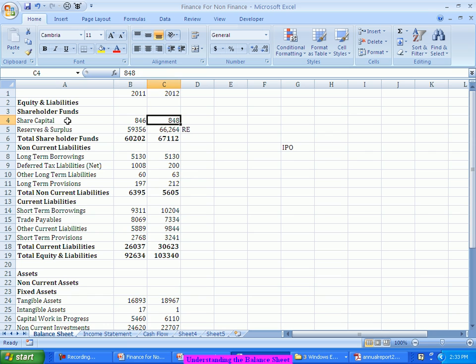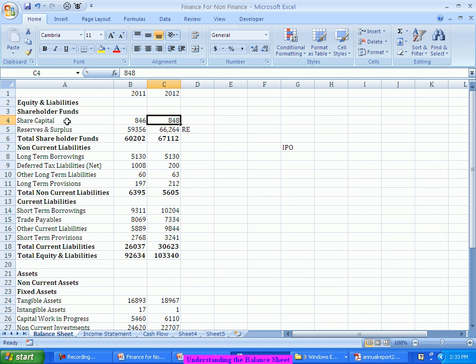So that's why you don't see much change in the share capital. Unless the number of shares has gone up drastically, you don't see any change in the share capital of the company. Because share capital is nothing but the actual number of shares multiplied by the face value per share. Face value is always 10 rupees.